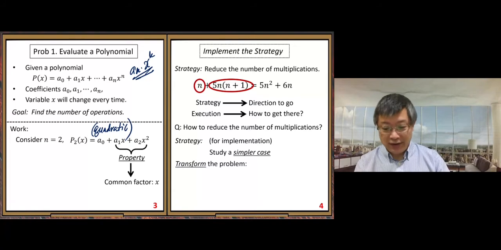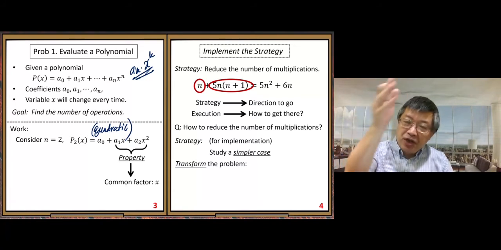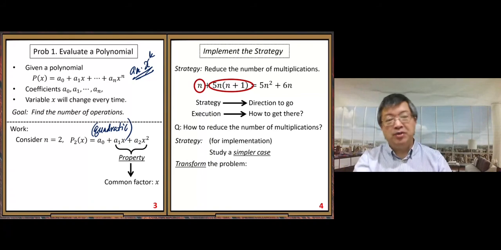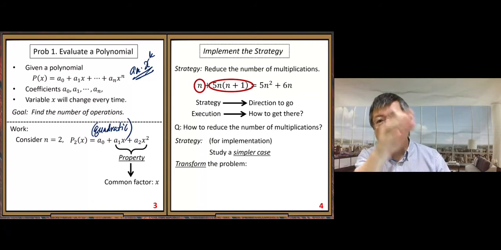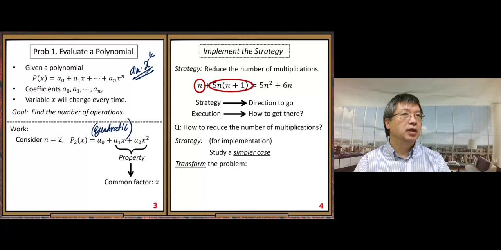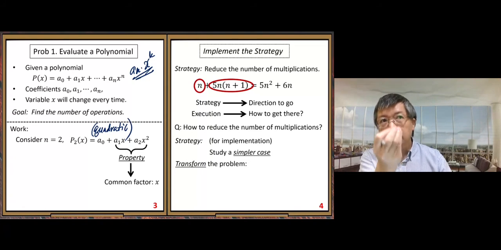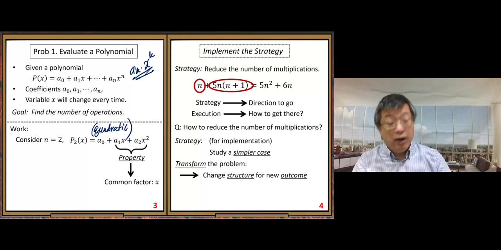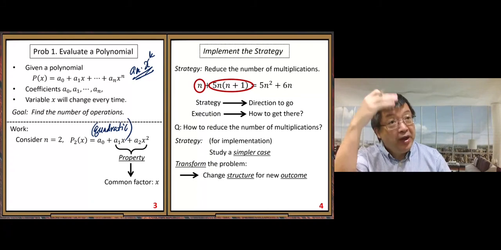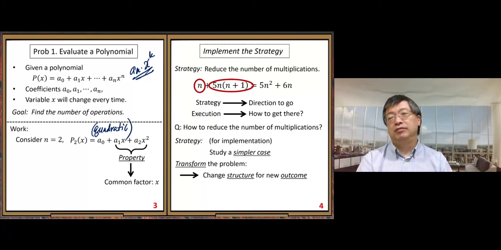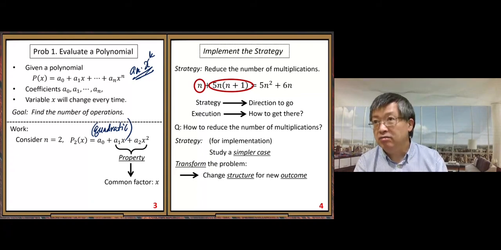Could be useful. So here, let me introduce another commonly used method in problem solving: transform the problem. We commonly use this way. Change the shape, the format, the structure of a problem. When we change the structure, we hope we can get a new outcome.